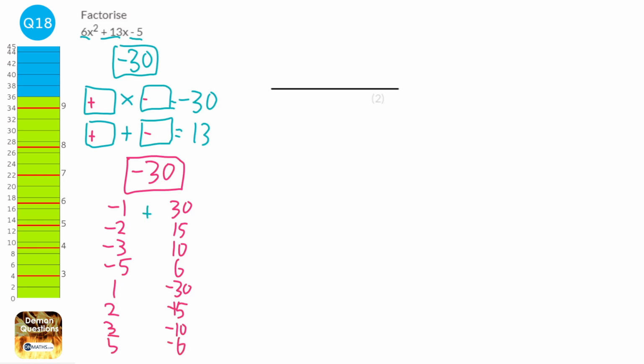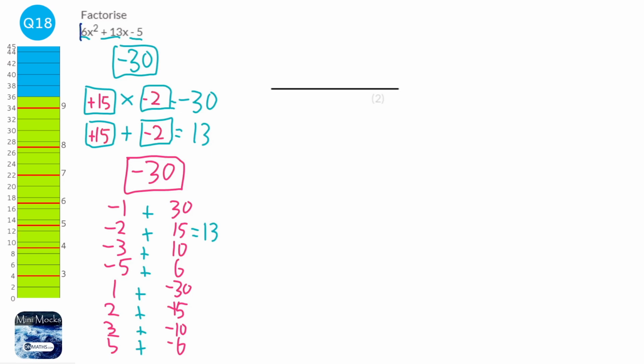And we're looking for the pair of numbers that add together to make 13. Just looking down the list, this one here will make 13, won't it? Because minus 2 plus 15, or 15 take away 2, is 13. So the two numbers we're looking for are plus 15 and minus 2.